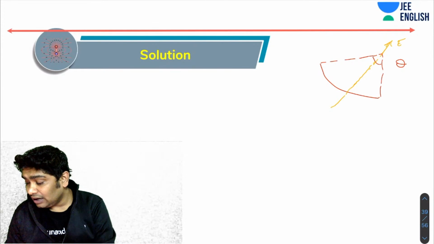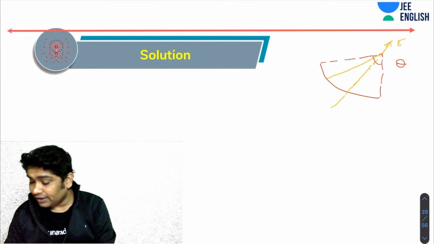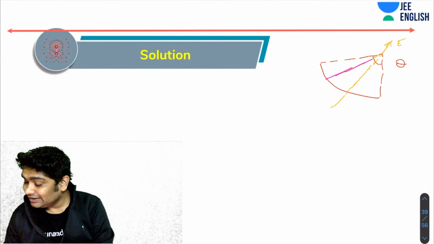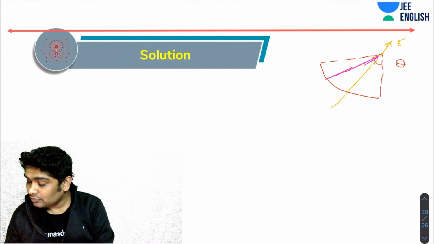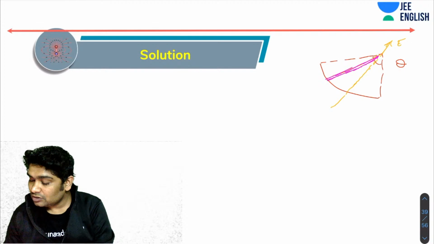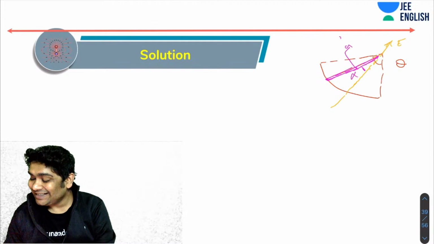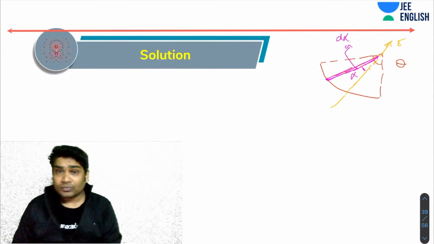You take at any point a section of this ring. Let's say at some angle alpha, and let's say that this small section is extending an angle of d alpha here.